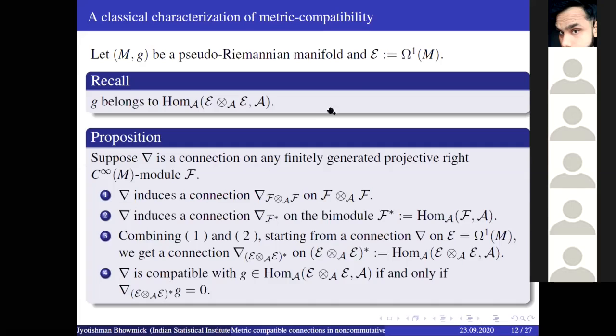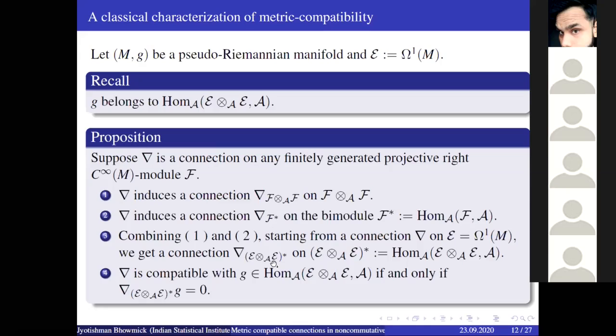Now let's take E to be omega 1 M, and take F to be E. Suppose I am given a connection on E. From here, I get a connection on E tensor E, and if I choose F to be E tensor E, then part 2 gives a connection on (E tensor E) star.